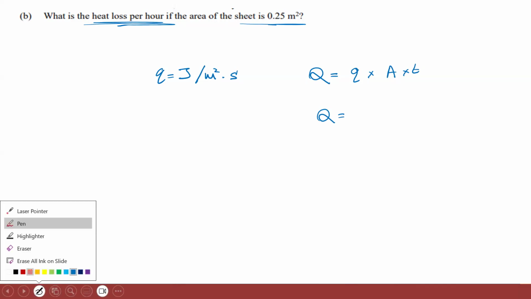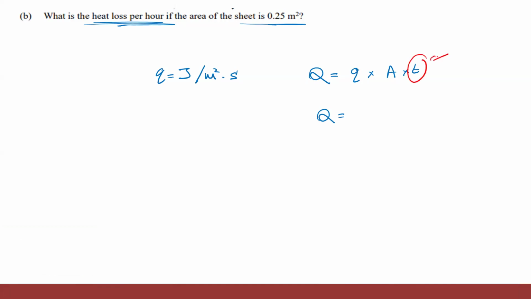So an hour means you need to put this in seconds because you have seconds here. That means 60 times 60 seconds. The area is given to us, which is 0.25 meters squared. This one we found, which is 1.038 times 10 to the 6. Is that right? So what do we get?